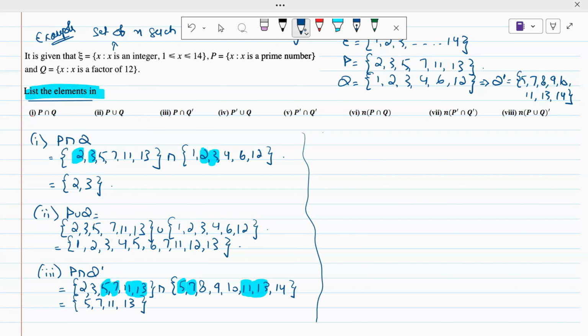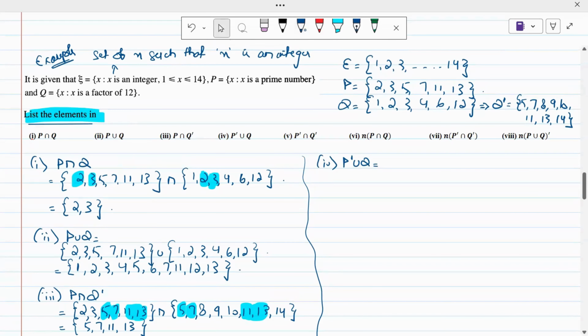Next part, P complement union Q. So P complement union Q means I have to first find P complement. So we already have P with us.